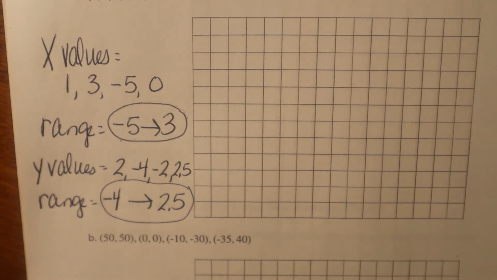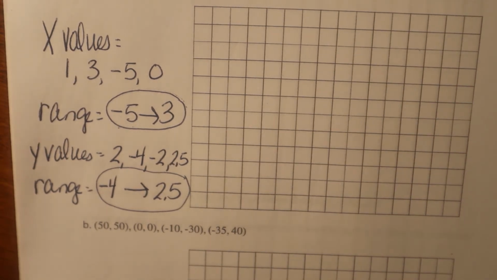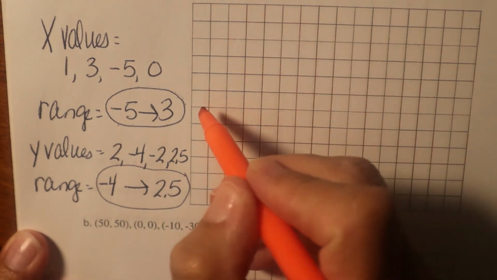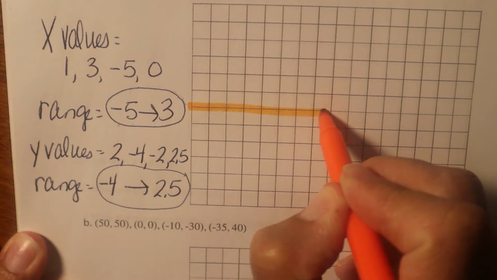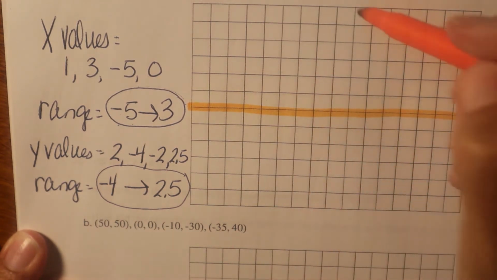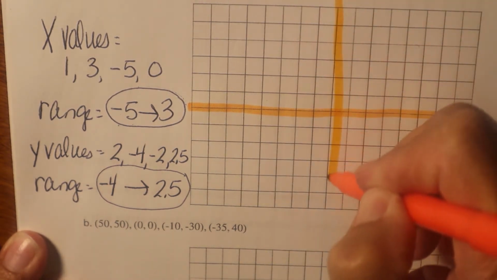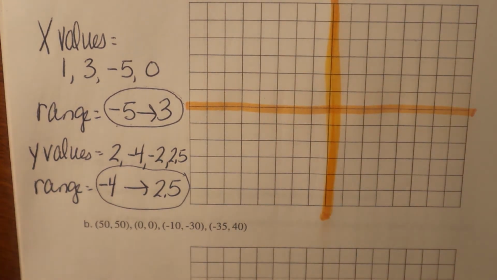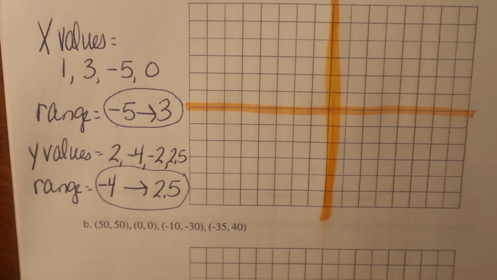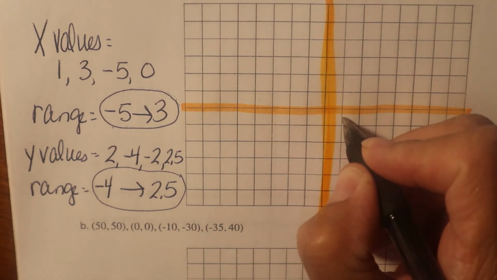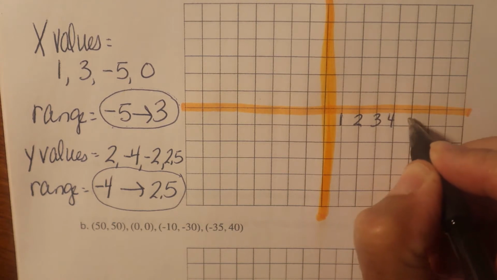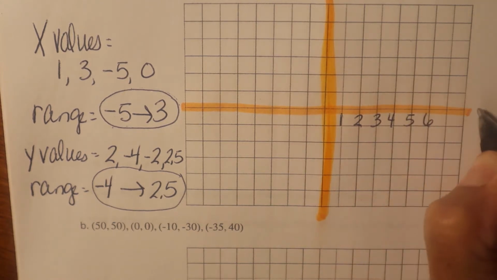So I'm going to start with my orange. I'm just picking orange. And I'm just going to kind of draw straight, kind of cut my grid in half, and then cut it in half again. Now, I'm going to label. So, I'm just simply going to go through and go 1, 2, 3, 4, 5, 6.